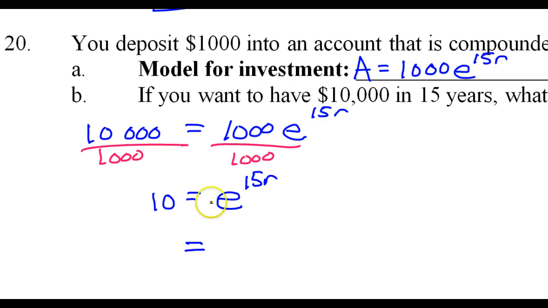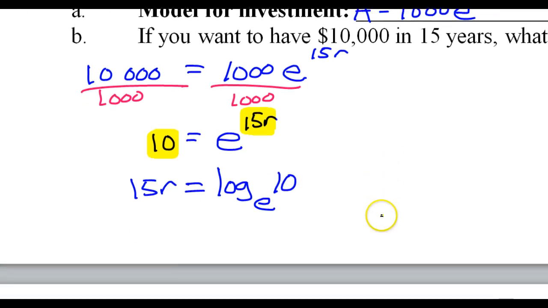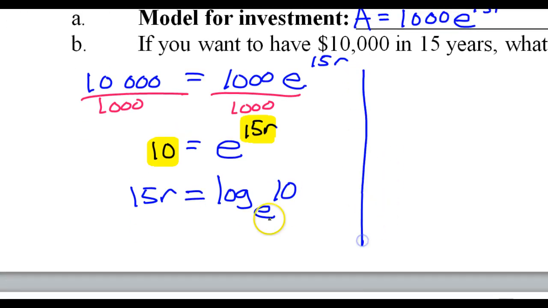The way to go is to rewrite this in log form. Normally we write log and then the base, and then these two parts of the equation change sides. So I'd have my 15r over here and my 10 right there. But you don't write log base e. That's crazy.